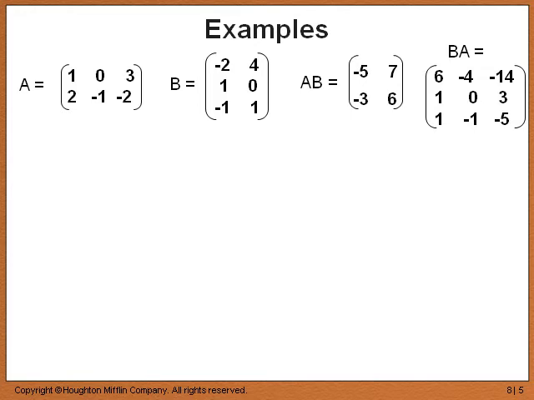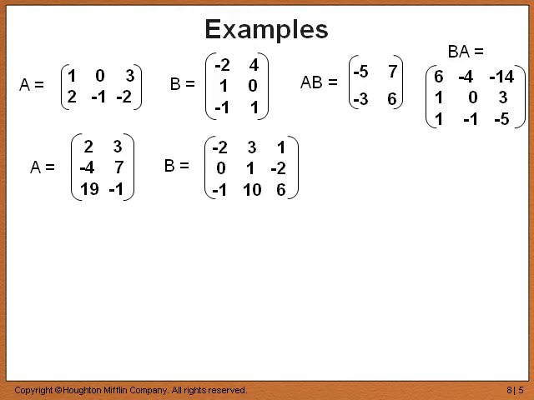Most calculators allow you to create a matrix A and a matrix B, and then you can simply multiply them, do AB and then try BA. You should know how to do these by hand, but you can also learn how to do them by calculator, especially to check your results.